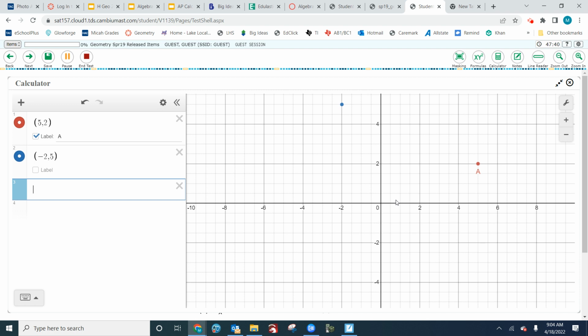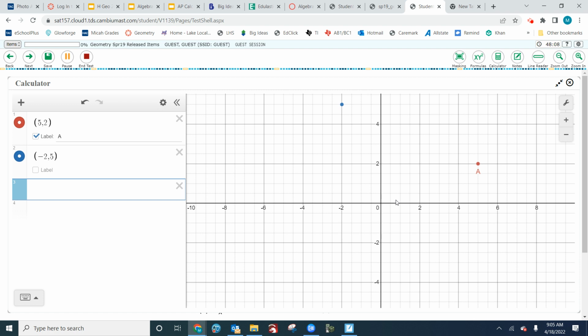So here's what you should be able to do. Say 5, 2, this x and y turned into... if you can get this point, you can make the rule. Negative 2, 5 would be the opposite of the y value, right?